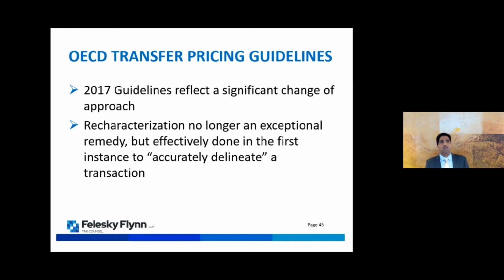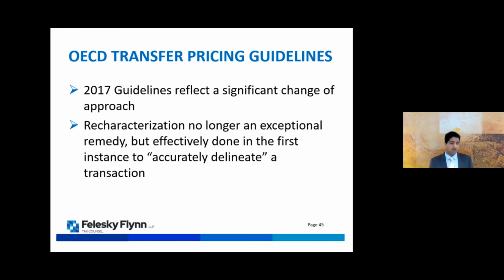And if you read the guidelines, it really does stand out that recharacterization is not limited to an exceptional remedy anymore, but it's effectively done in the first instance when you, to use the language of the guidelines, accurately delineate a transaction before you price it. So there's much more of an emphasis that the OECD wants countries to place on recharacterization in the first instance.